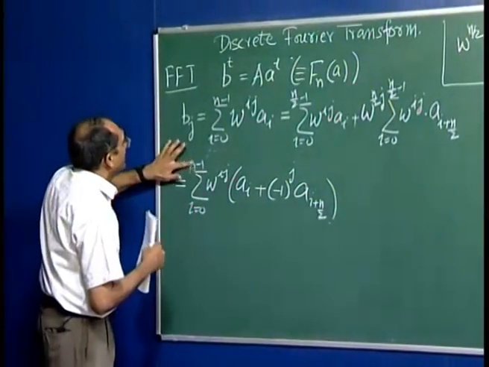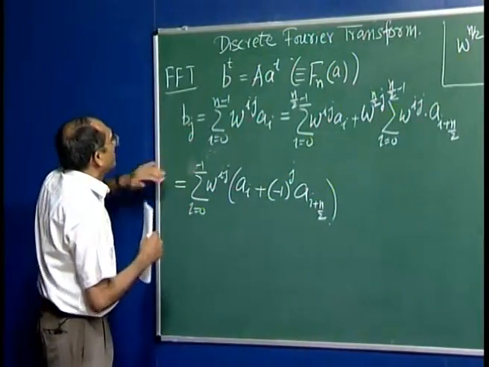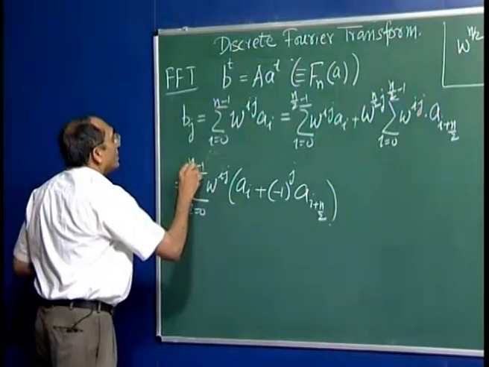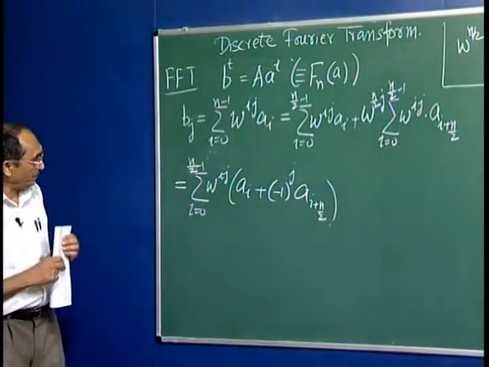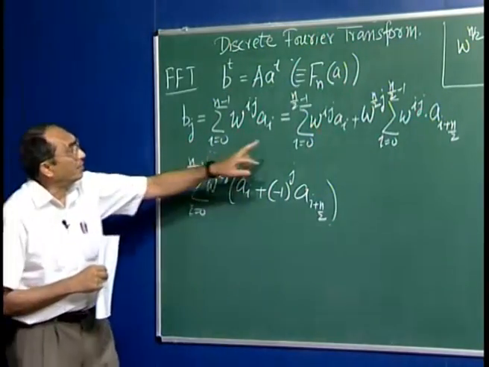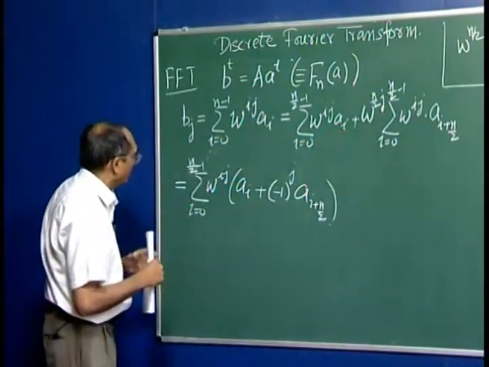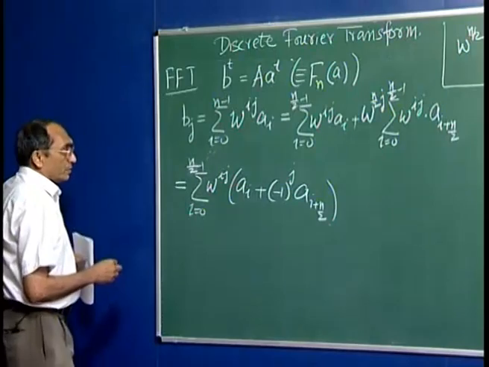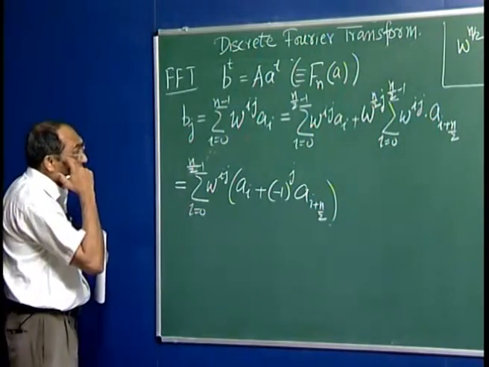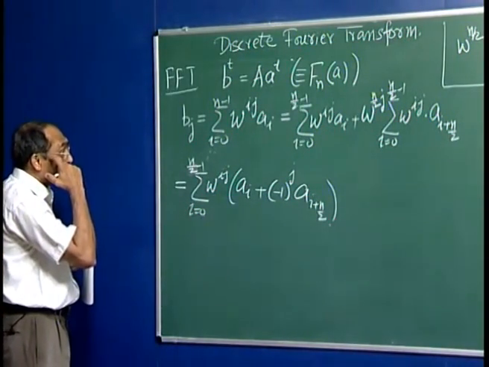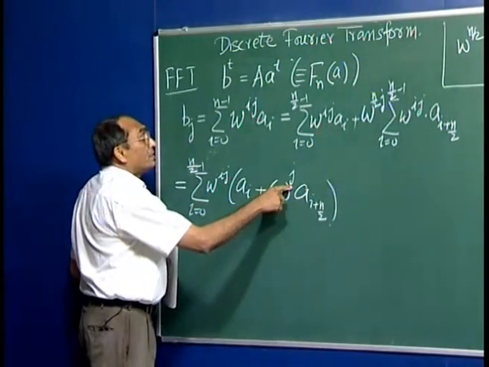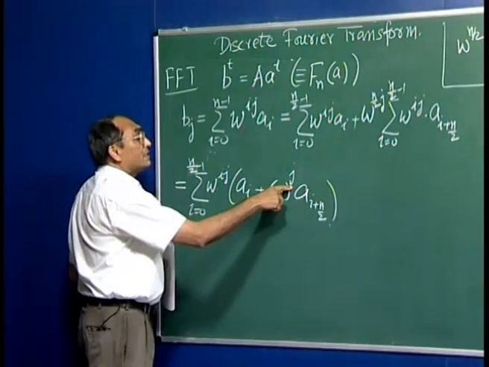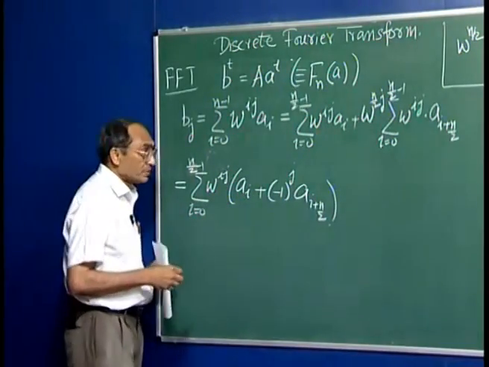Oh yes, you are right, this is n by 2 minus 1, because we are combining these. So let us now take the two cases separately, one when j is even and the other when j is odd.